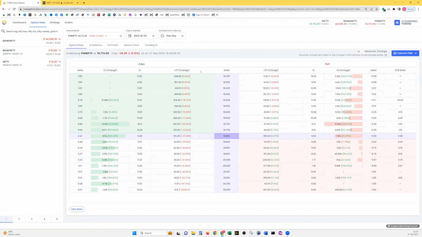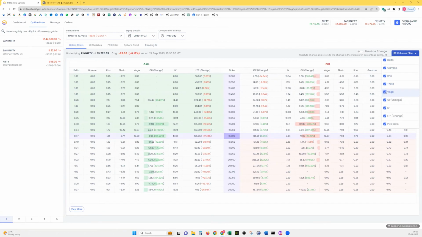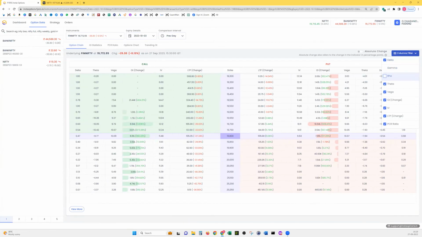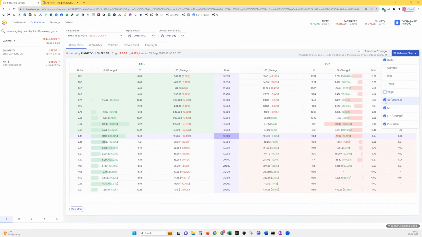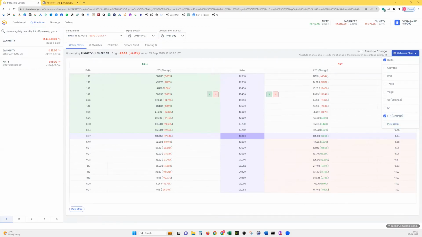Many people used to feel that they want to have something like delta. On the filter they can add gamma, rho, theta, vega. If they don't require anything, only the delta and the LTP, they can just have the delta and the LTP over here. They can modify it as they wish.